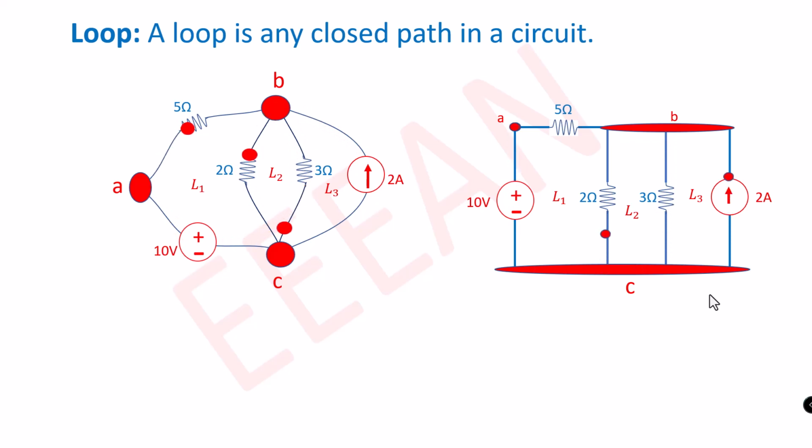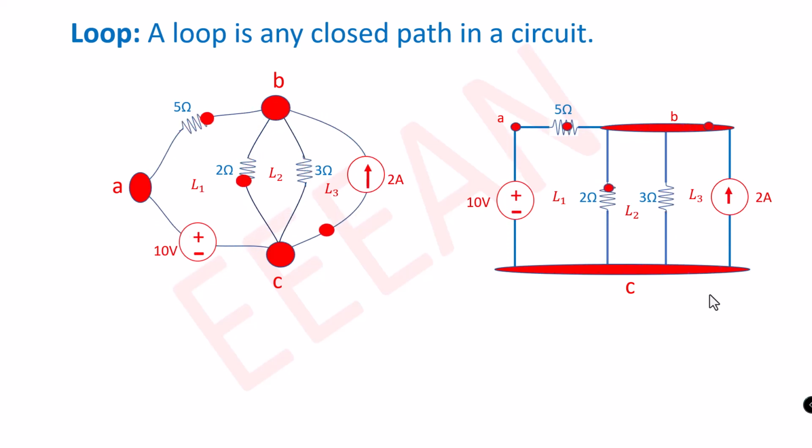So this loop is an independent loop. The loop L2 is not an independent loop because the 2 ohm and 3 ohm resistances contribute in two loops. The 2 ohm resistance contributes in L1 and L2 and the 3 ohm resistance contributes in L2 and L3.